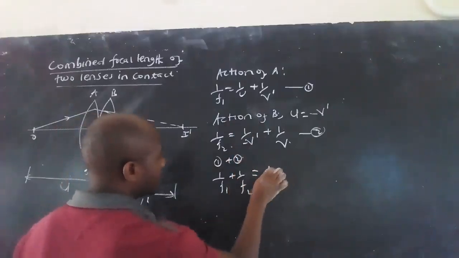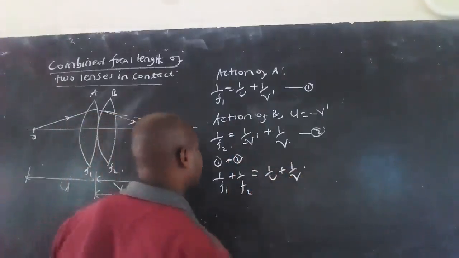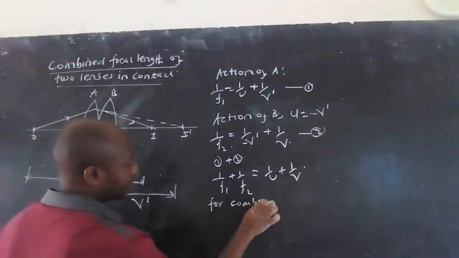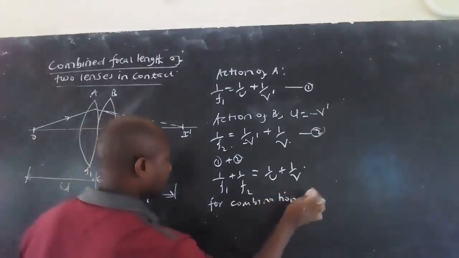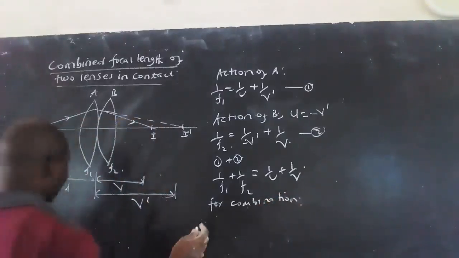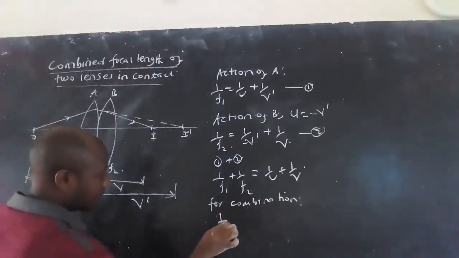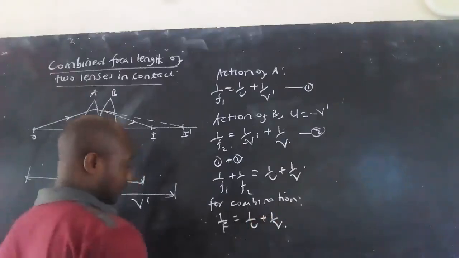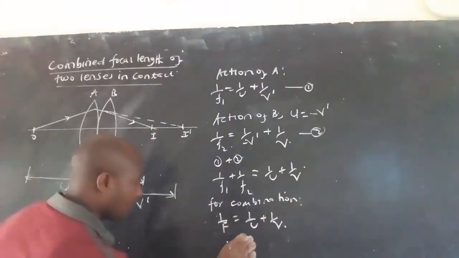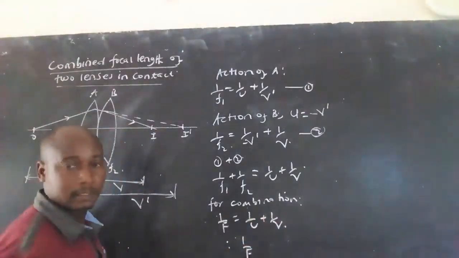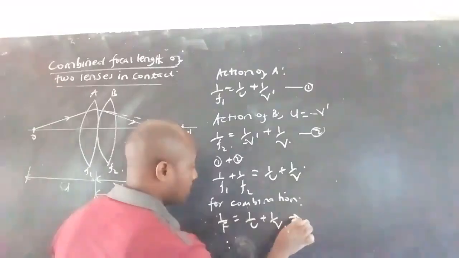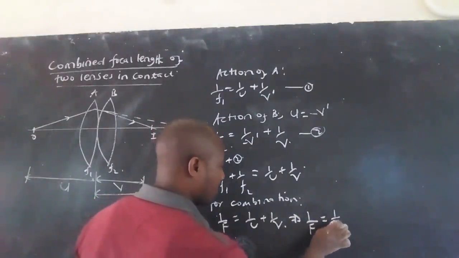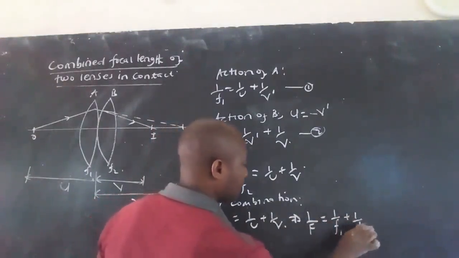We shall have 1 over U plus 1 over V. But for the combination, 1 over F is equal to 1 over U plus 1 over V. Therefore 1 over F, capital F, is equal to 1 over F1 plus 1 over F2.